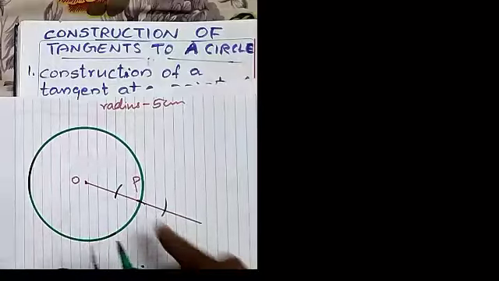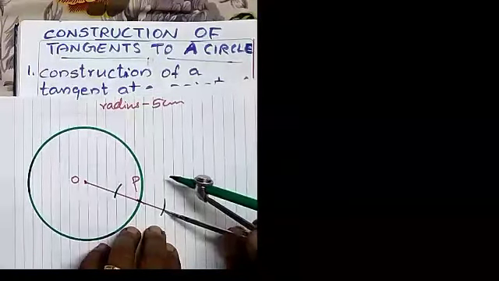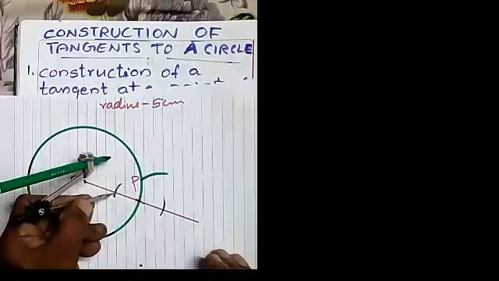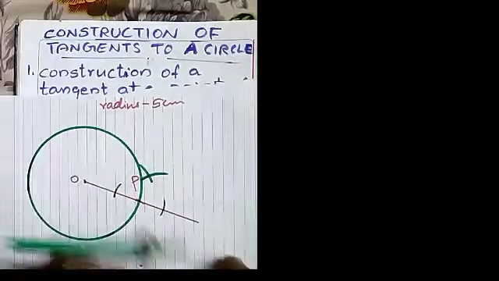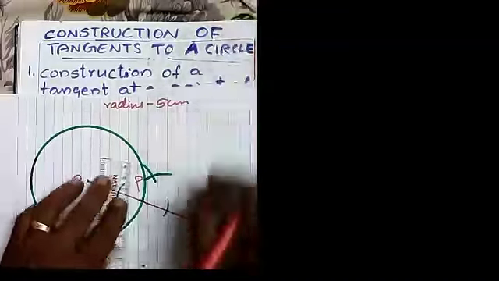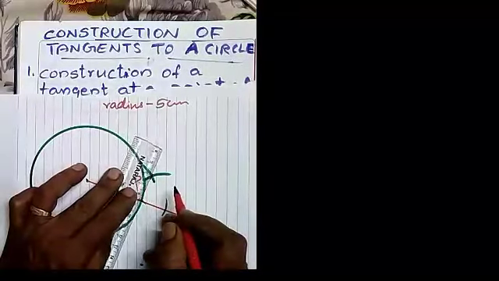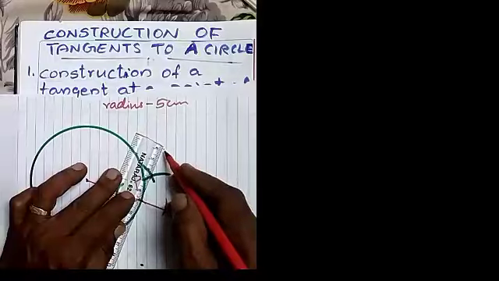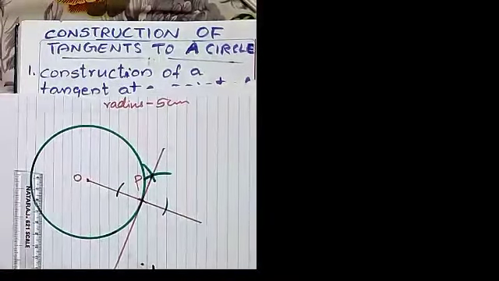Understand? Now, from these two new points, draw one arc here, and from this point draw another arc. Now just join the intersecting point and P, and extend it.